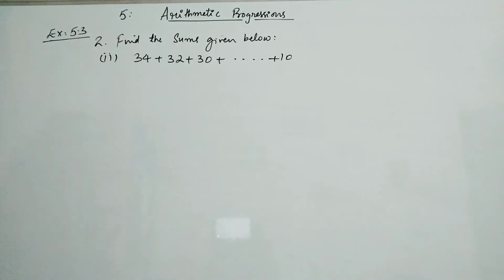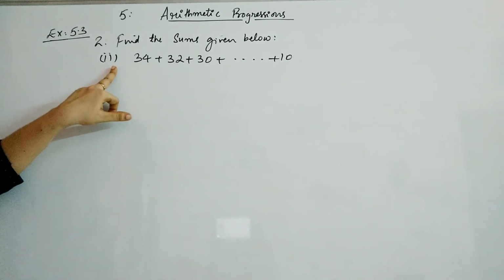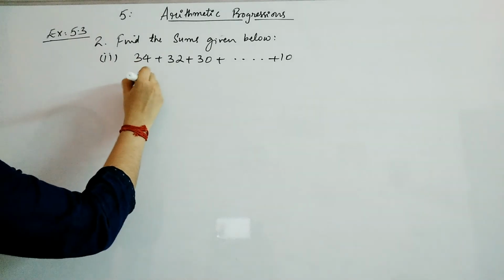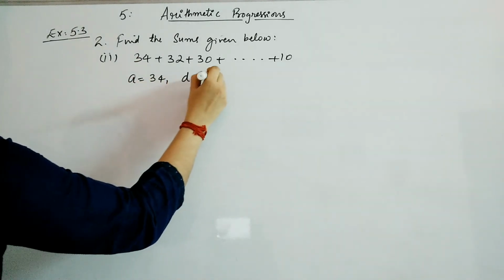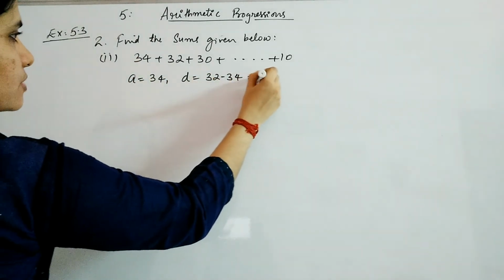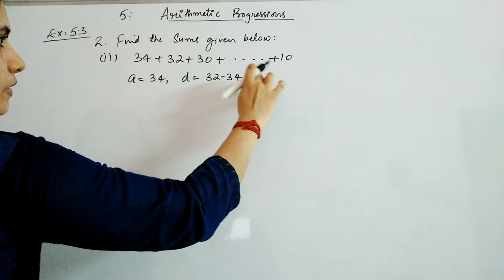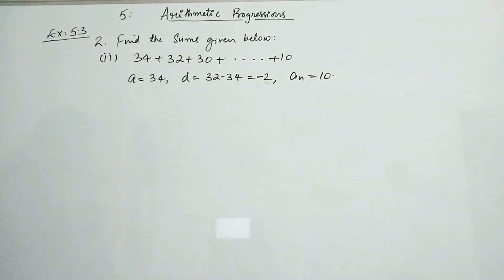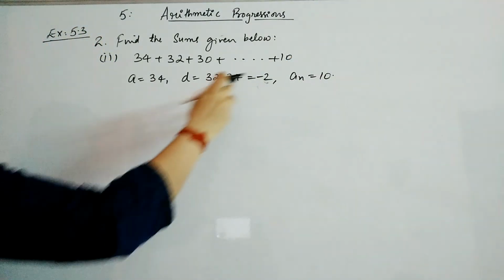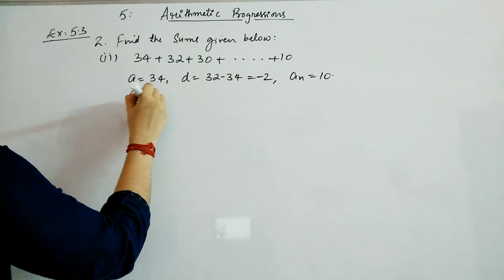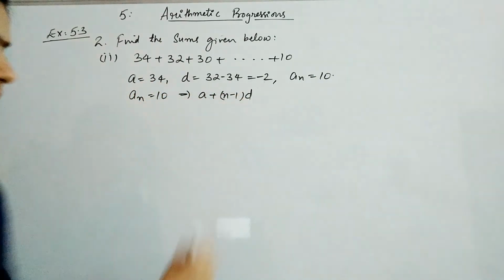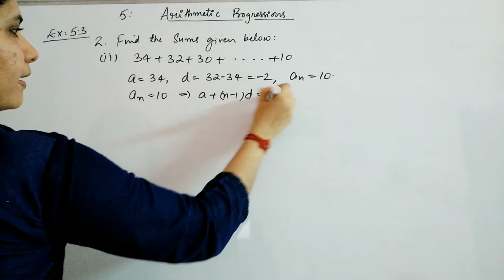Okay. So the second subdivision of question number 2 is 34 plus 32 plus 30 plus etc. plus 10. So you have your A to be 34, D to be 32 minus 34, which is minus 2. Then you have your An to be 10. That means again you don't know how many terms are there. So first we need to find out how many terms are there. So we'll start with An equal to 10, which is A plus n minus 1 into D equal to 10.